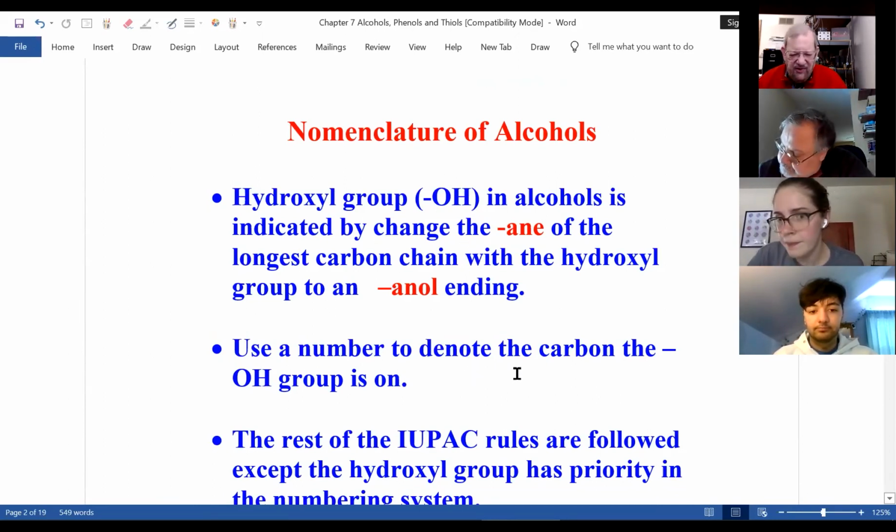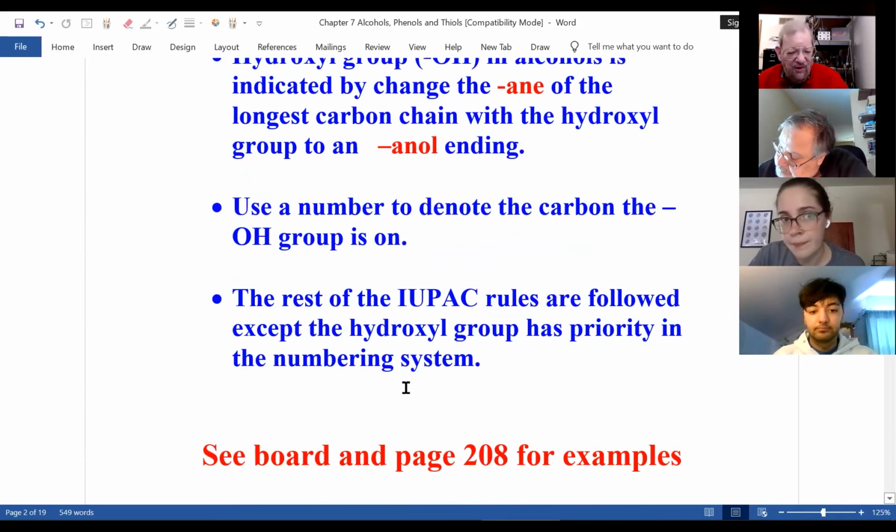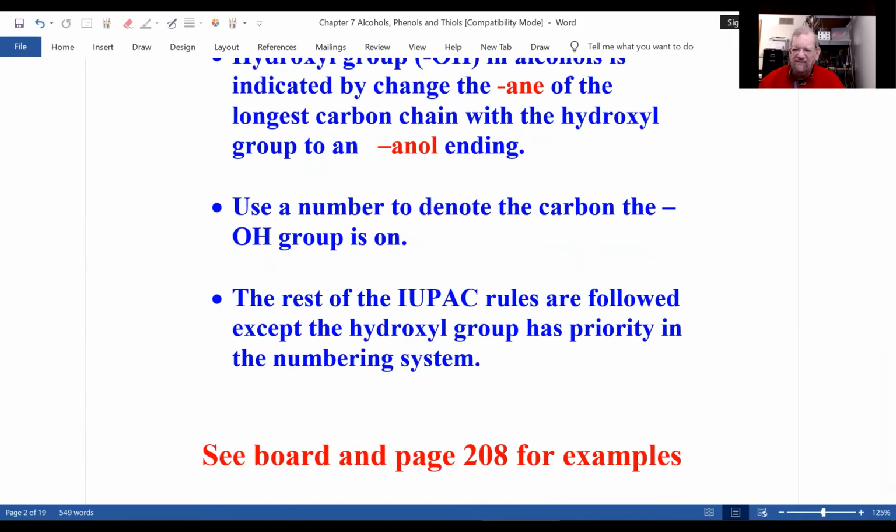Use a number to denote the carbon the hydroxyl group is on, and the rest of the rules we've learned about alkyl groups are followed, except the hydroxyl group has higher priority than the alkyl groups, meaning you number that carbon lowest. Now, I'll never ask you these rules, but we'll go through them. I see people are copying. I'll give you a second.